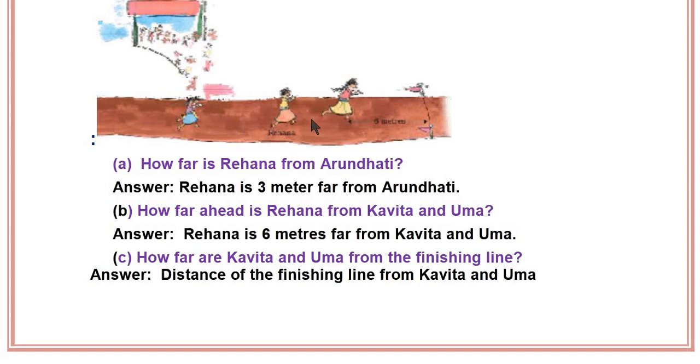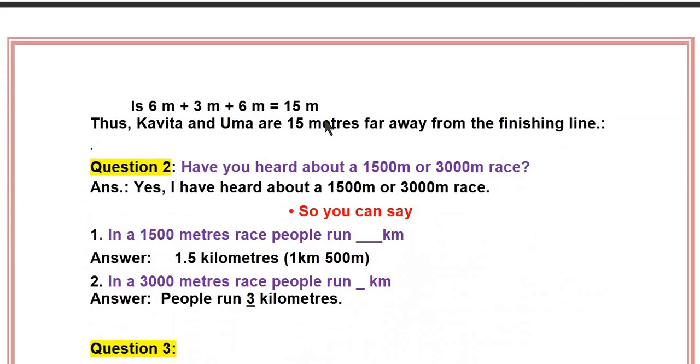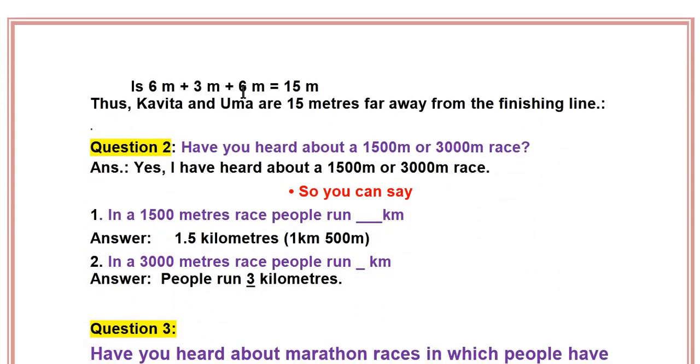So 6 meter plus 6 meter plus 3 meter plus 3 meter is equal to 15 meter. Kavita and Uma are 15 meters far away from the finishing line.